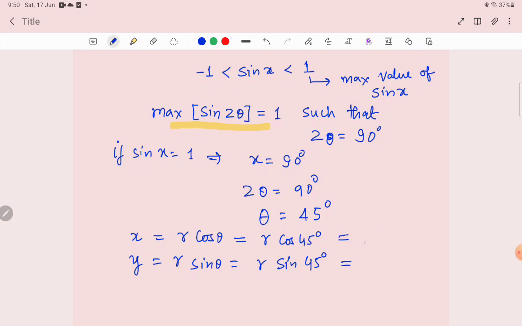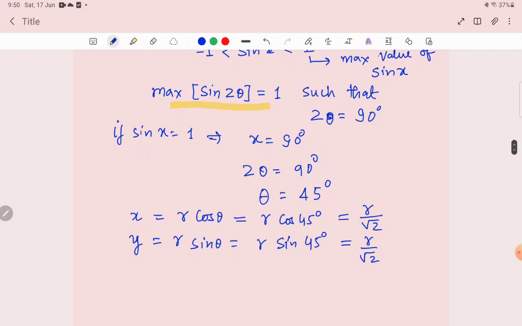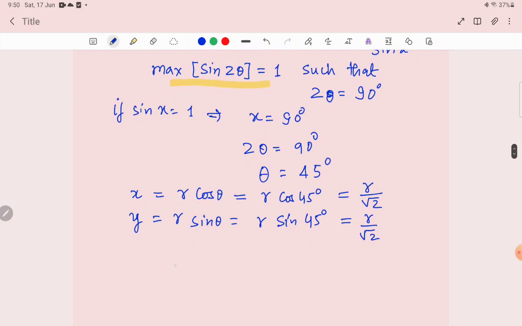So we'll get the value of x in the form of r divided by square root of 2. So both x and y will have the same value because cos 45 and sin 45 are both the same. So from here it implies that x equals y.